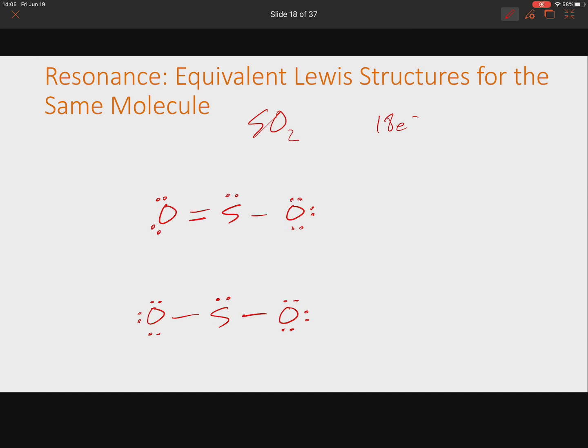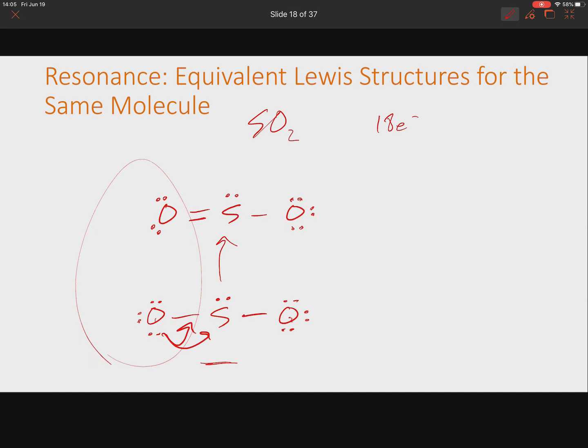Now we notice that sulfur doesn't have an octet here, so oxygen has to donate. Now in this structure here, it looks like it was the oxygen on the left that actually donated into the double bond. And so what if it was the oxygen on the right? You might think, oh, that's the same. It's just the molecule turned around. Well, no, it's not really. This is oxygen 1. This is oxygen 2.